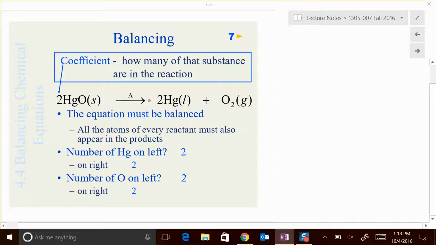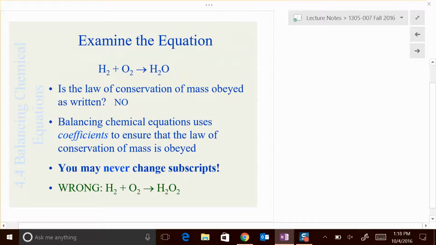Okay. Now, look at this one. Here I have how many hydrogens? Over here I have 2. Here I have 2 oxygens. Over here, 1 oxygen.